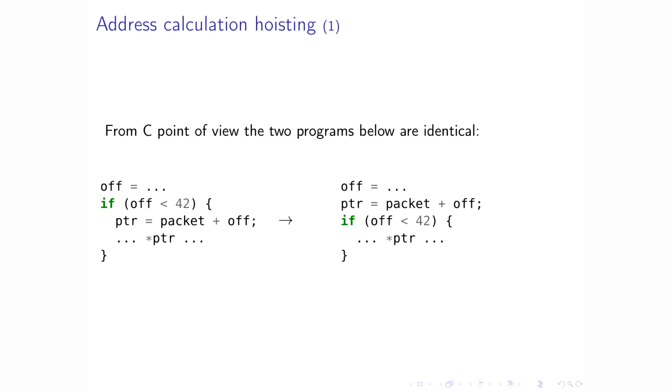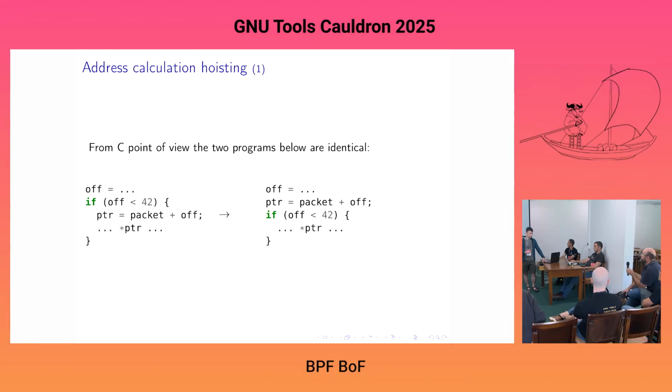If you're doing an access to the pointer inside that if, then it's statically guaranteed, because of the semantics of the program, offsets less than 42. But you don't need to actually do it explicitly. Having that condition could be the result of running the verifier and finding that, okay, I cannot verify this code, and then I need to add this condition, and it would be added automatically by the compiler.